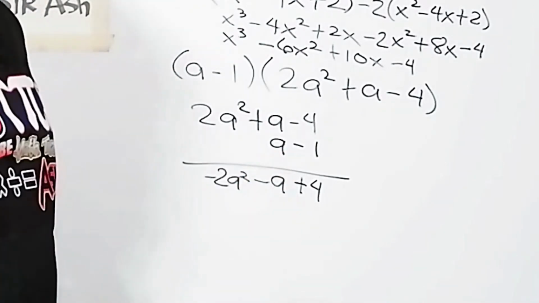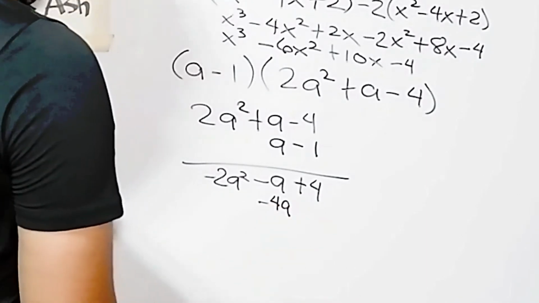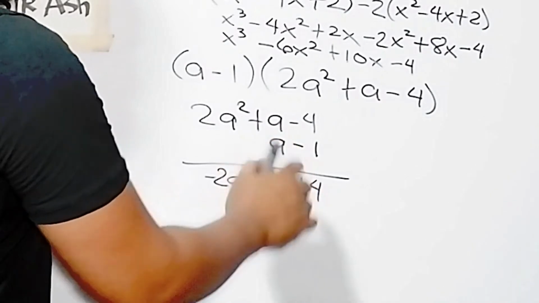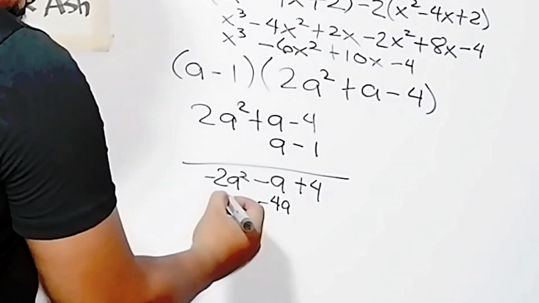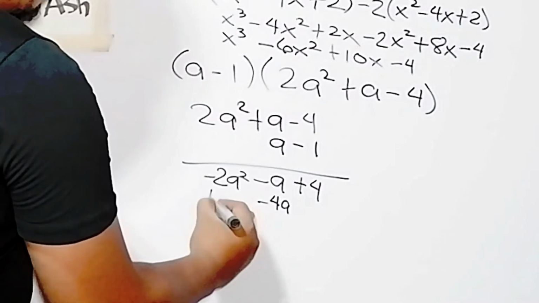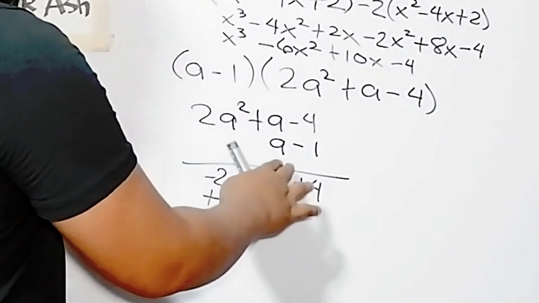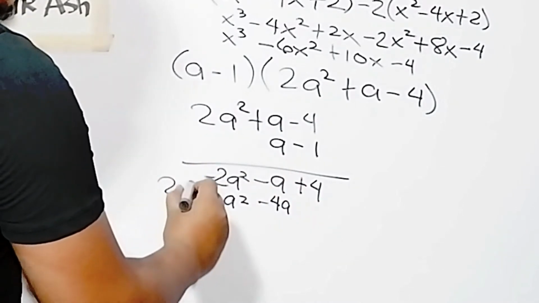Since that is a linear term, you will align it to your linear term. We have here a times a, that will give you positive a squared. And we will align them here. And finally, we have a times 2a squared, that will give us 2a cubed.